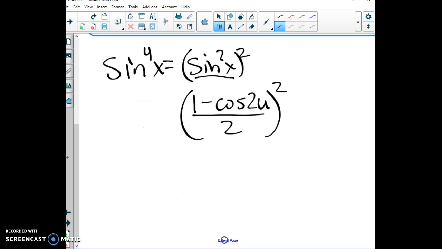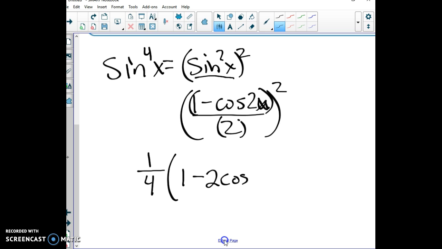We're going to square everything inside, so let's think about that as the numerator and the denominator. We're going to take that 2 squared, 1 over 2 squared, and move it outside of parentheses. And squaring the top, we get 1 minus 2 cosine 2x plus cosine squared 2x.